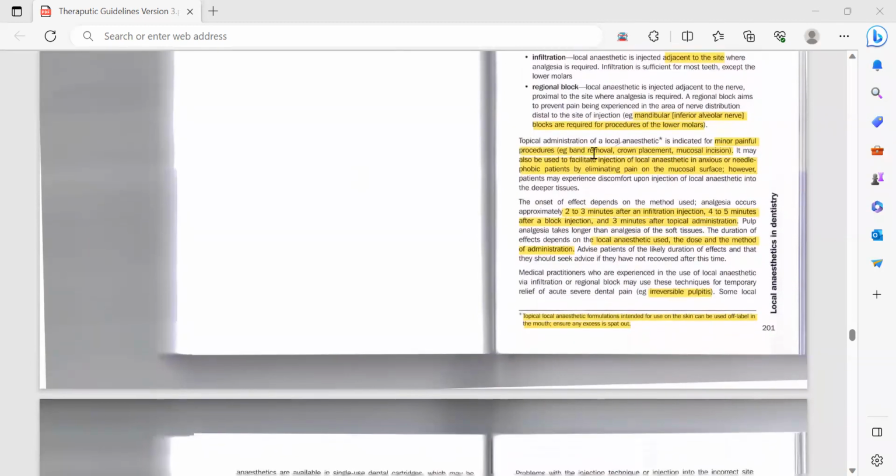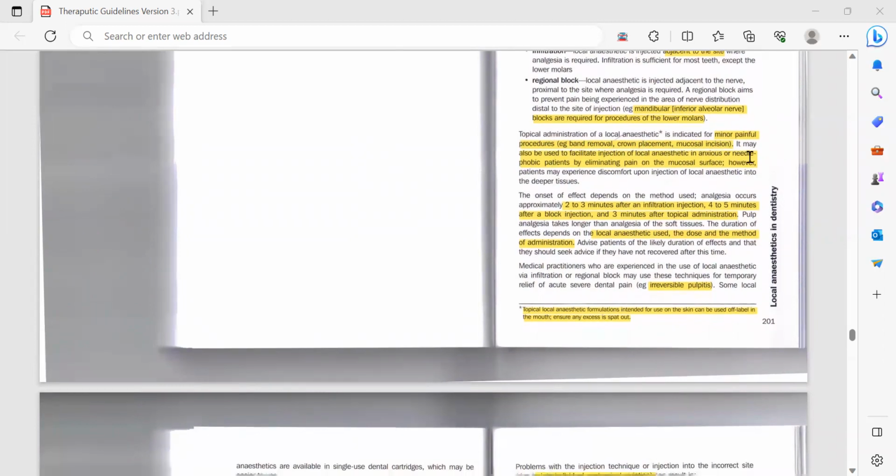Then there are other methods like the topical gel that we apply, which is used for minor painful procedures, such as if you want to remove the band, crown placement or mucosal incision, because the topical administration would only numb the top mucosa.